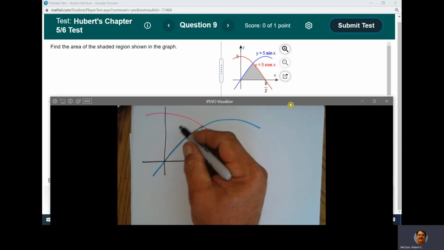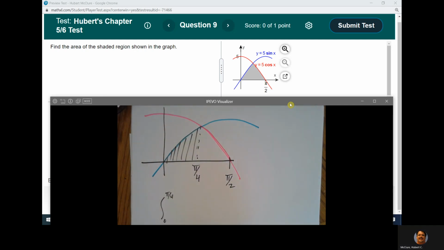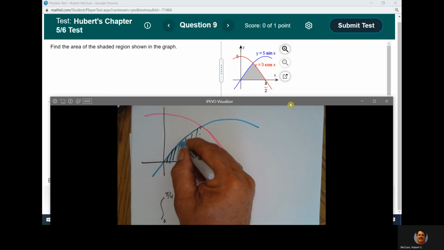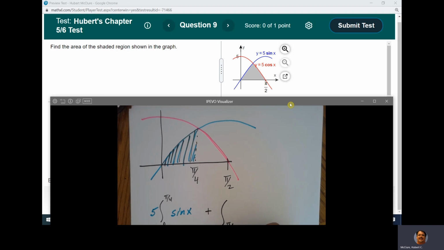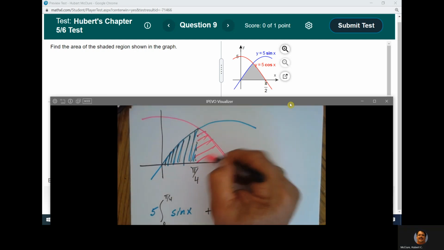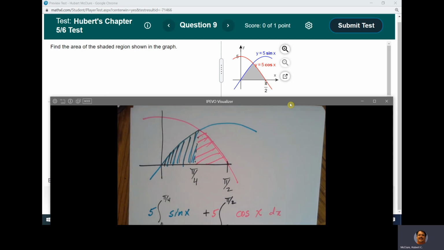So you have to find this area, and that's going to be from 0 to pi over 4 of 5 sine of theta, so you put the 5 out here, sine of theta, and then plus from pi over 4 to pi over 2, which is this area, of 5 cosine of theta, dx.